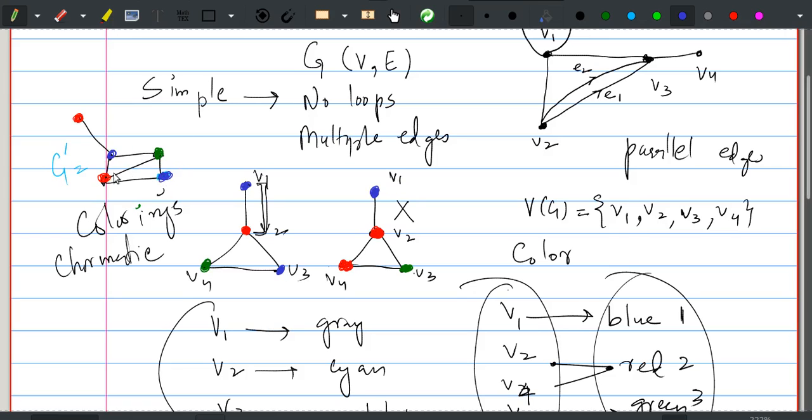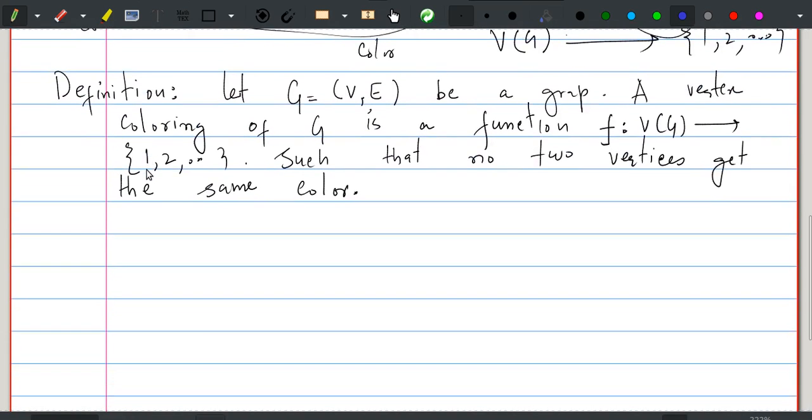So now we have consumed just 3 colors, so this is the chromatic number. This number of colors cannot get reduced further, so the chromatic number here is 3. Now let us define this number. So this is another definition.